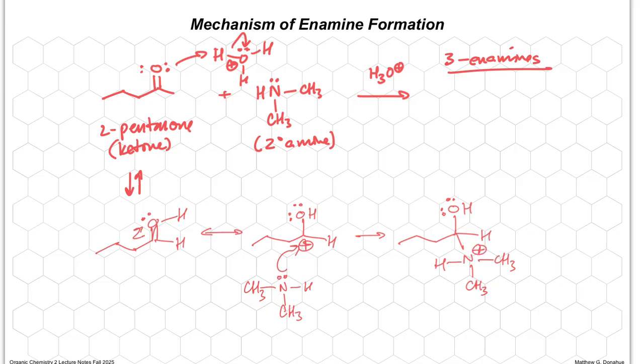So now the plus charge is on nitrogen. So I'll show two proton transfers at once here because we got to get the OH out of there. We got to get the H off the nitrogen.